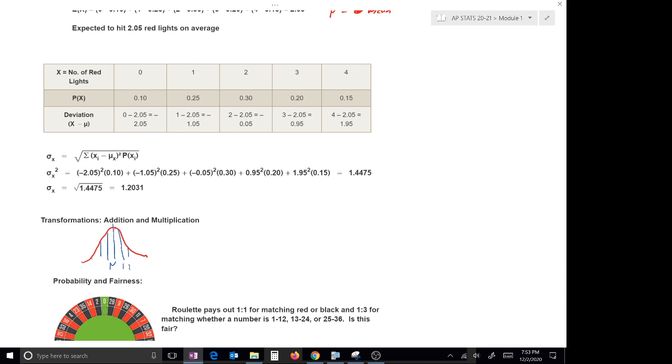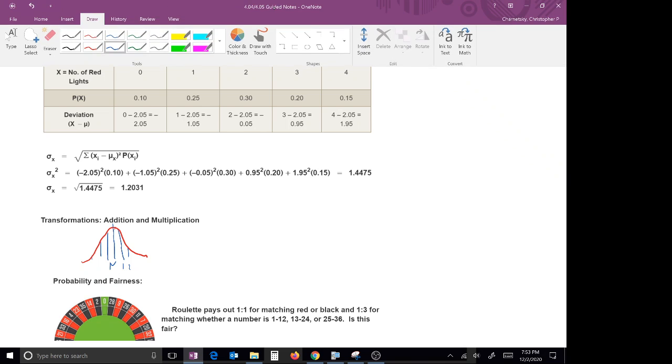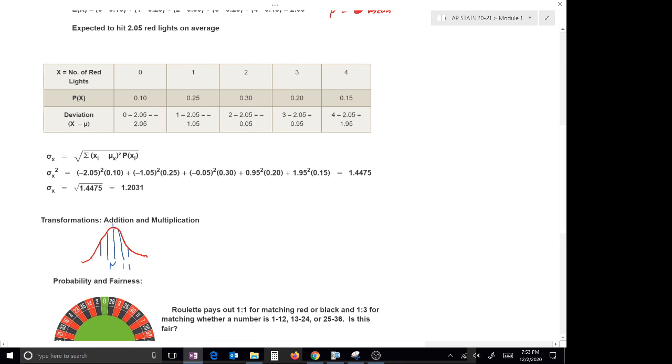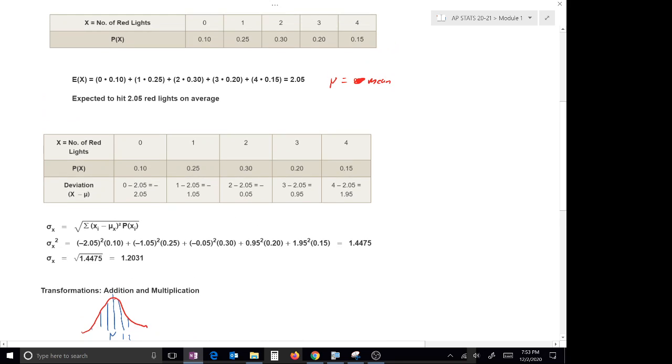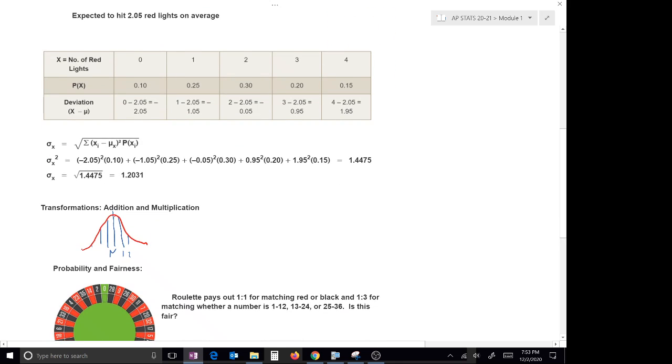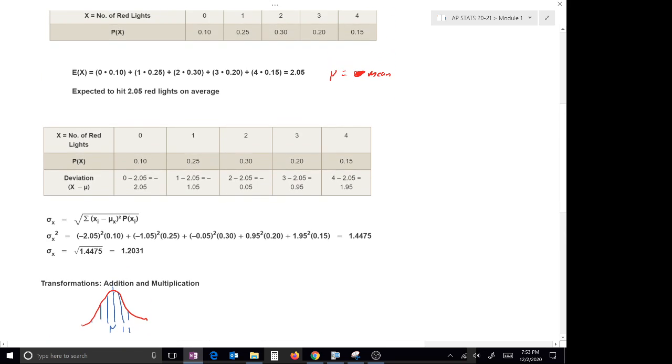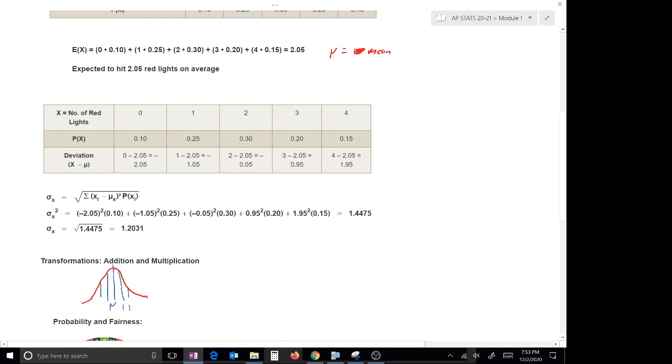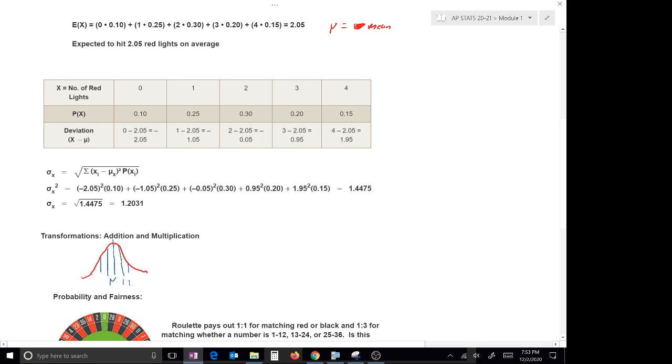When we add to our mean, in other words, if I was, let's say, off by a factor of 1 on our mean here, which was 2.05, let's say I added to that. It was really, the lights got a little more frequent, so we actually had a shift to the right.